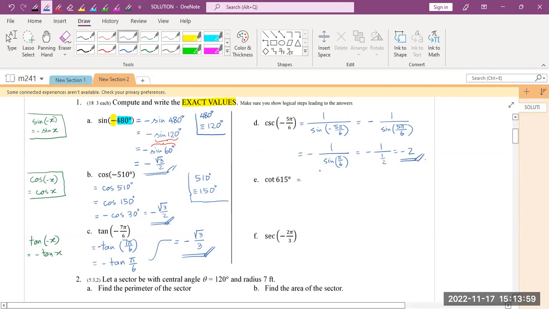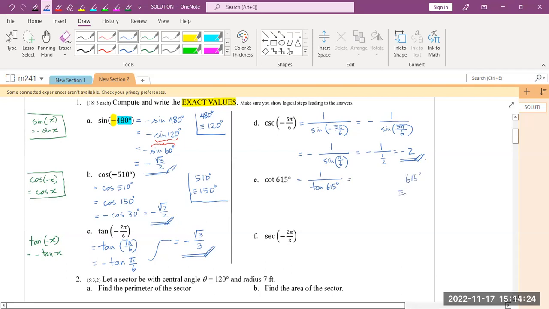Okay, now cotangent 615 degrees. This is 1 over tangent 615 degrees. You see that I convert that to one of the primary three functions first, sine, cosine, or tangent, because those are the ones we memorize. And because this is more than 360 degrees, let's take a look.